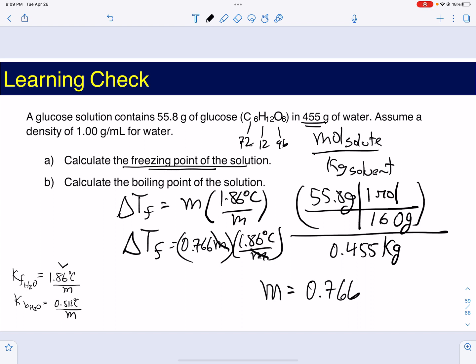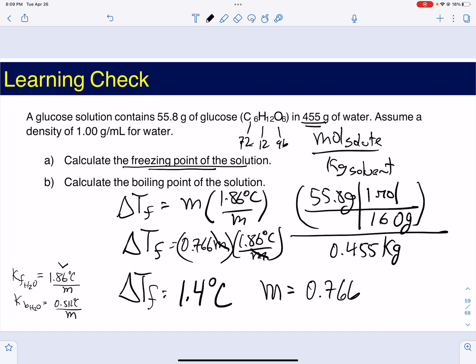Molality cancels, and the change in freezing is going to be 0.766 times 1.86. It's going to be 1.4 degrees Celsius.